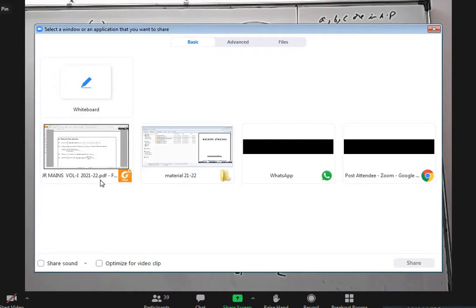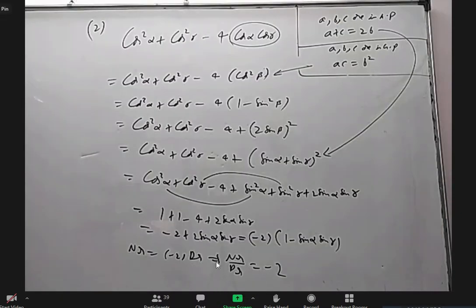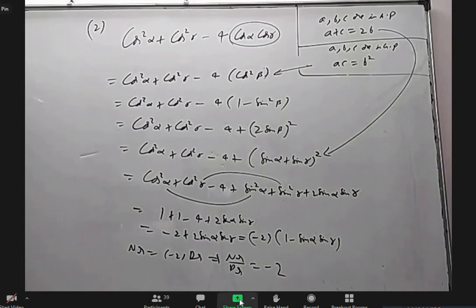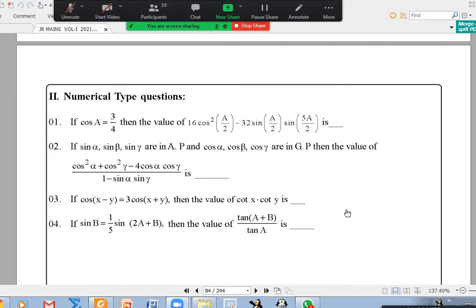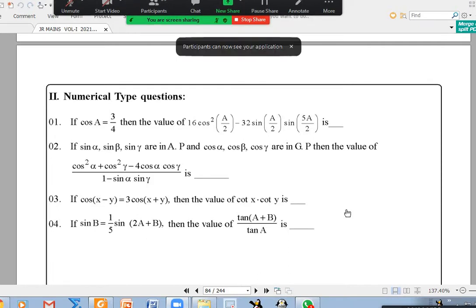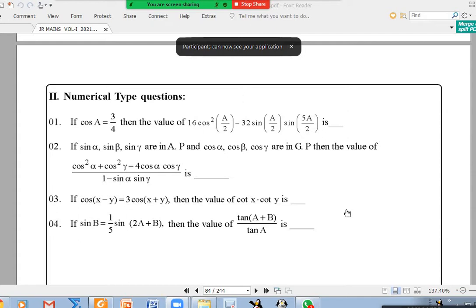The next two questions you can actually do by complementary division. Okay, so second question, please try to understand. If any doubts, I will explain once again, not a problem. The third and fourth both are easily done by complementary division. You can just expand and do it also.